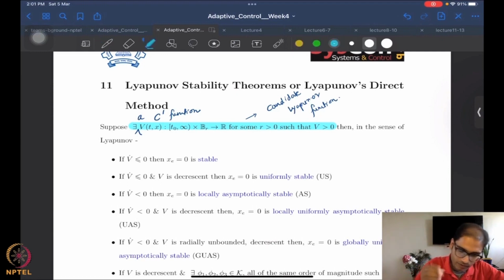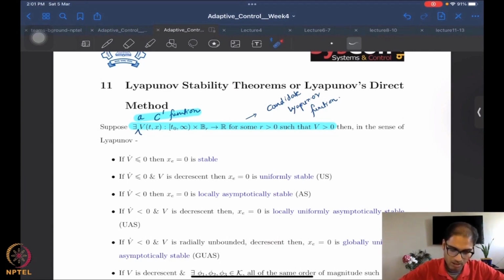So any function which is C1 continuous and positive definite is called a candidate Lyapunov function. And using a candidate Lyapunov function, we can state the Lyapunov theorems.